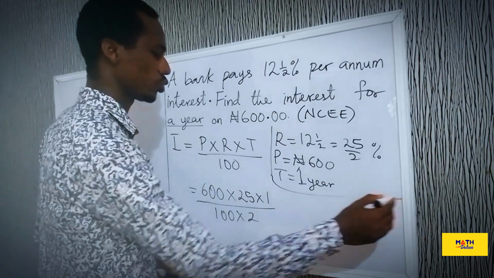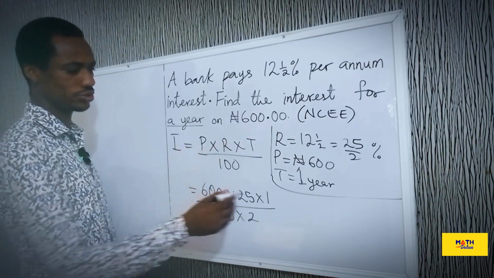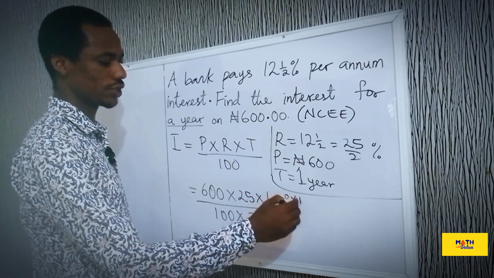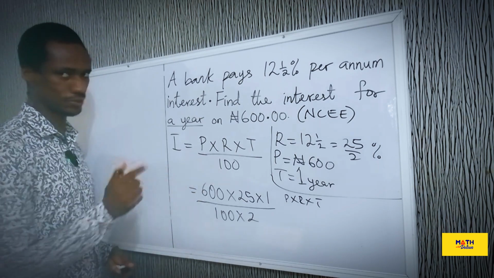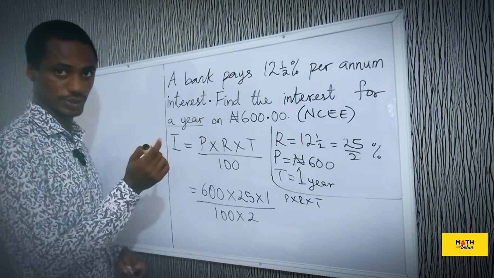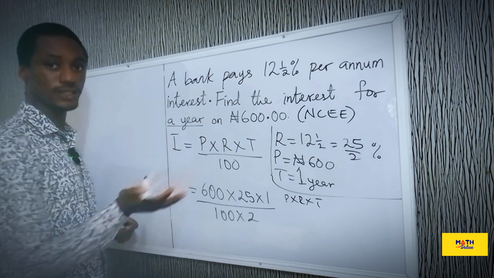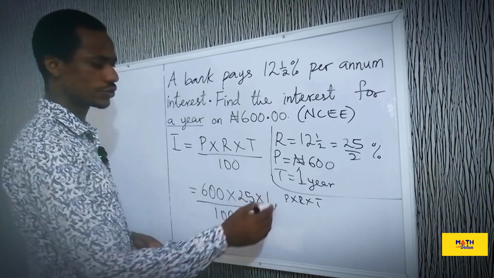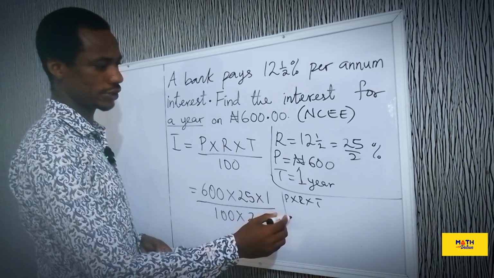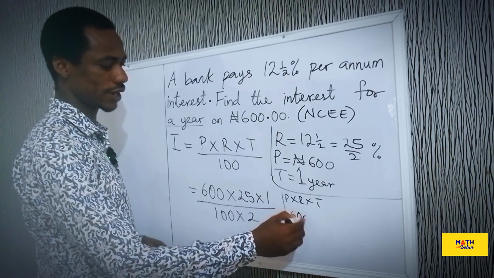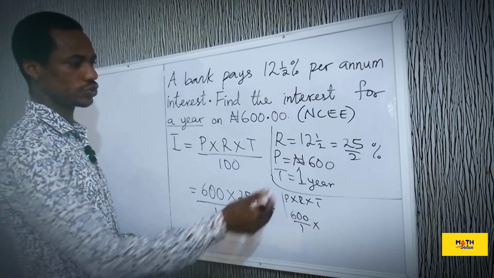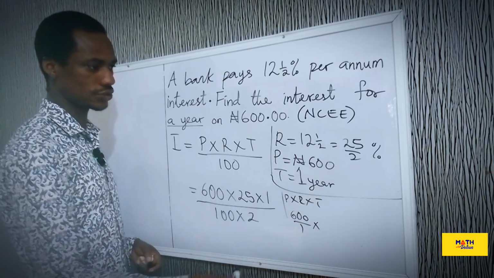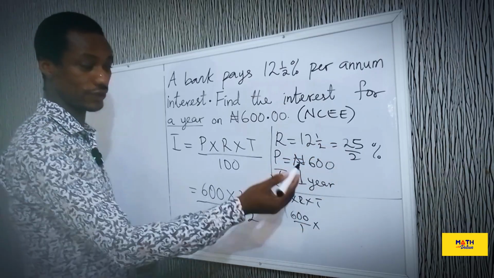I'll just quickly show you. Actually, this formula should be principal times rate times time. This over 100 is not supposed to be there because it's for rate. We put it for ease of calculation. So if the principal is 600, you can write that as a fraction, times the rate, which is 25 over 2%.